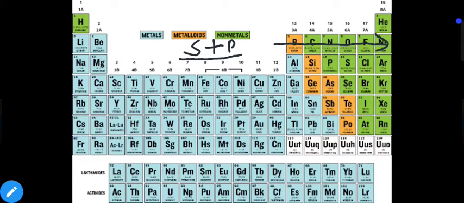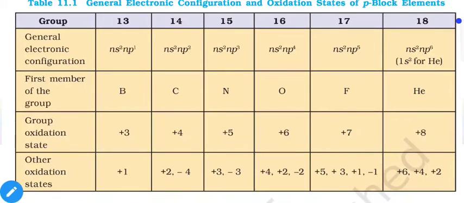So as we move from left to right, the oxidation state also tends to increase. Upper elements are usually non-metallic, so they will give us negative ions, and the bottommost elements show positive ions or oxidation states.